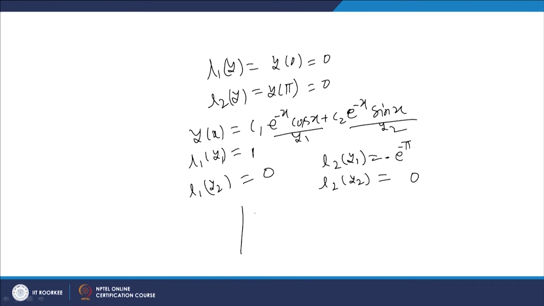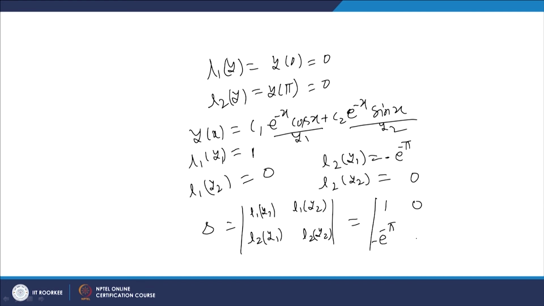Now look at the determinant: L1 y1, L1 y2, L2 y1, L2 y2. That determinant is your delta. So, L1 y1 is 1, L1 y2 is 0, L2 y1 is minus e to power minus pi, and L2 y2 is 0, and you can see that the determinant is basically 0.